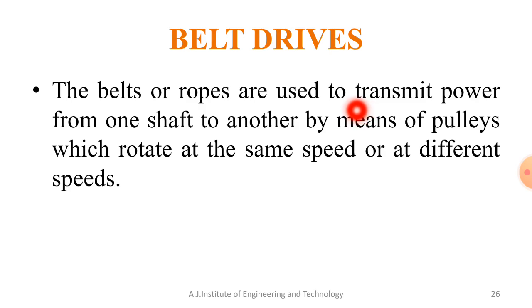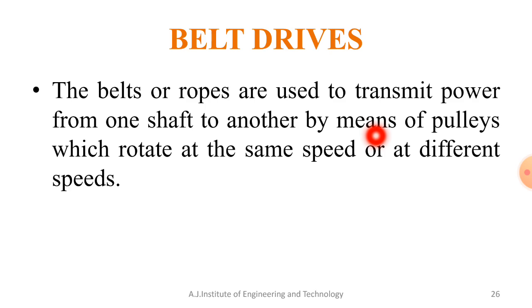But for certain applications, we need to transmit that power from one place to another place. Usually from prime movers, such as IC engines or electric motors, we have to transmit the power from that source to another shaft.